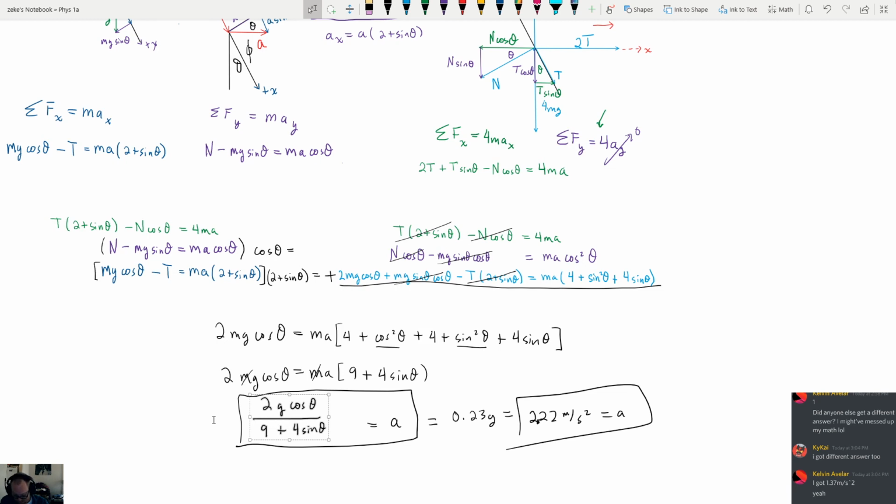So we do 2 times the cosine of 36.9, and then we divide by 9 plus 4 times sine of 36.9, and we multiply that times 9.8. Oh, God, I got a completely different answer. Oh, I'm in radians. That's probably why I got a different answer.